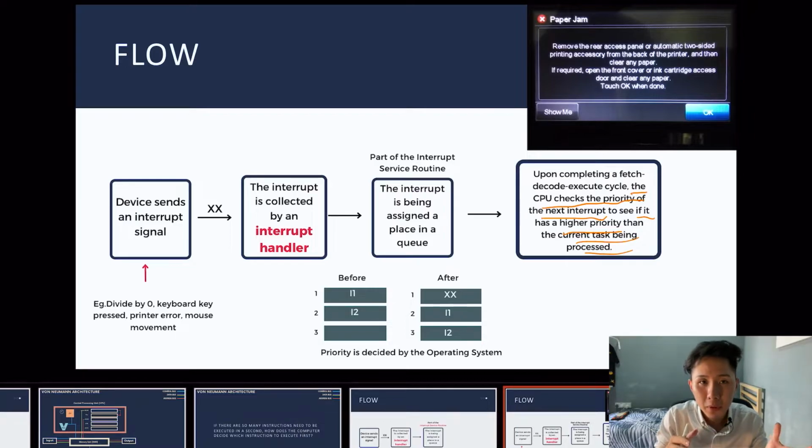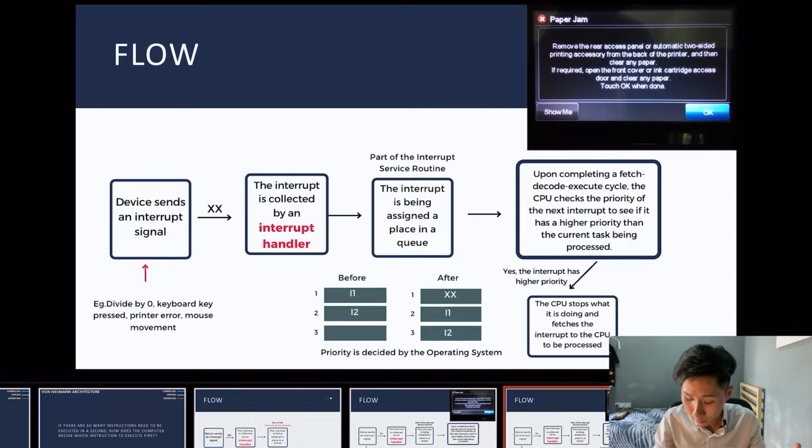Remember, if your computer has, let's say, a 3 GHz CPU, this means it can execute 3 billion instructions per second. But the CPU needs to know which instruction to execute first. Therefore, this is when priority comes into play.